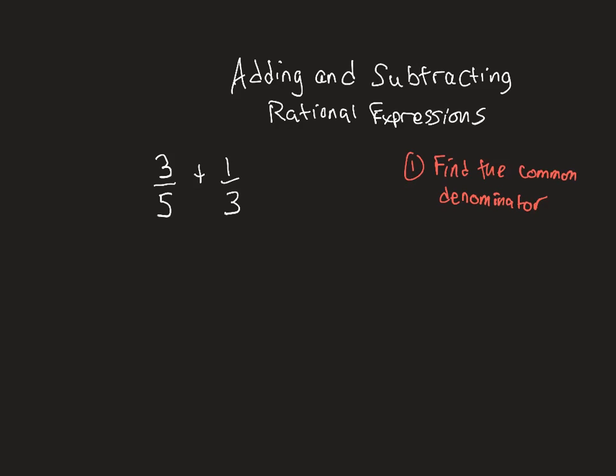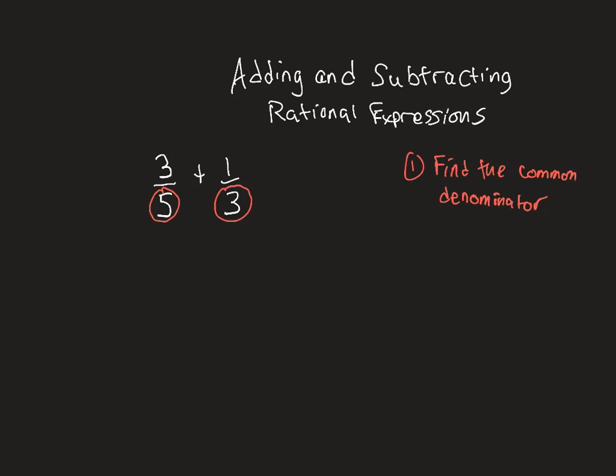So find the common denominator, which basically means you want to make this number the same as this number. What's the lowest common denominator? Well, we can probably turn them both into 15. That's the only time they're both the same.